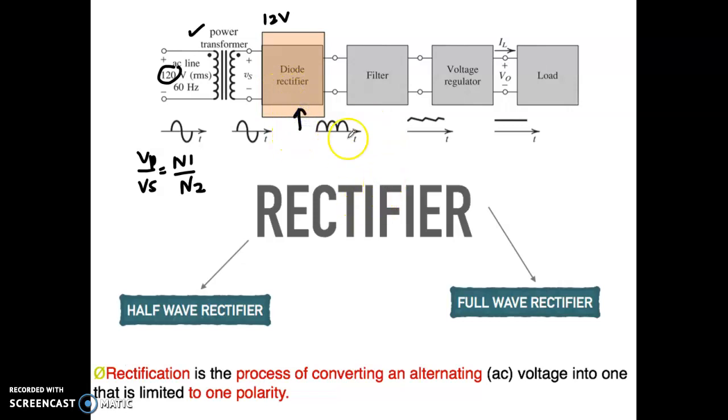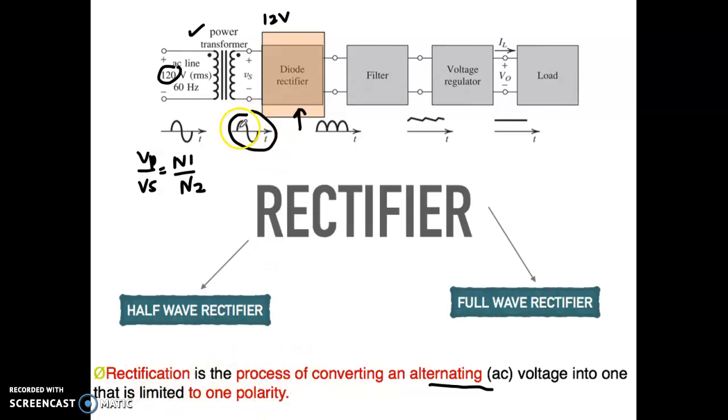So what is the function of the rectifier? The output from the transformer is still a sine wave because it just steps down the voltage, the amplitude. So the role of the rectifier is the process of converting an AC voltage, the alternating voltage, into one that is limited to one polarity.